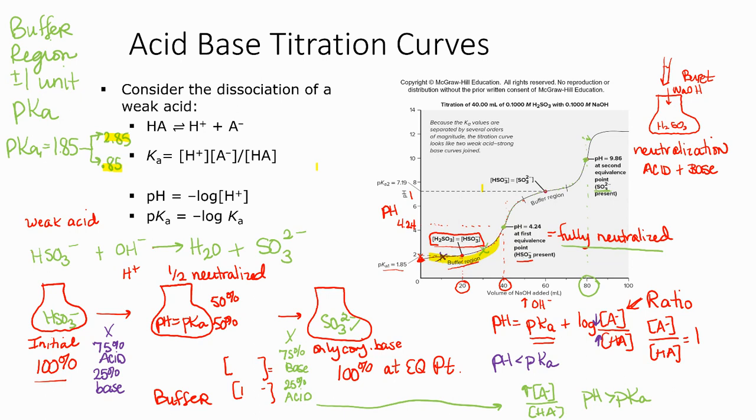Initially, we just have HSO3 minus, and then we keep adding base, and then you hit that 50-50 mark where HSO3 minus equals SO3 2 minus, and at that point, pH equals pKa, half neutralized. We take this point here and we read off of the y-axis, and our pKa2 is 7.19.